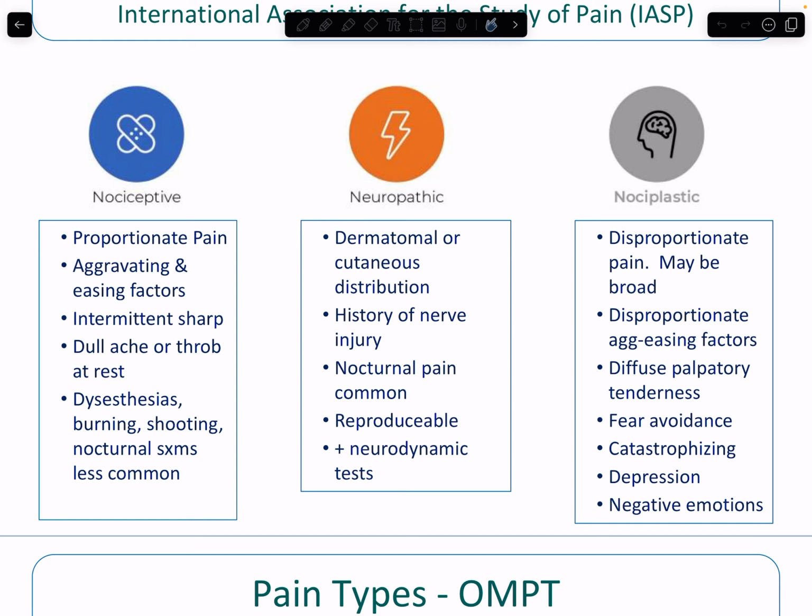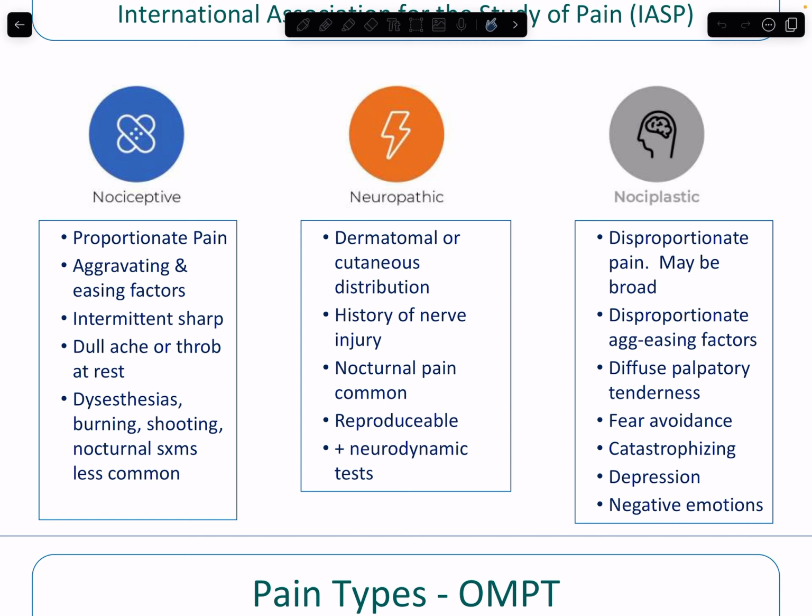It's just less common. Whereas neuropathics, they usually are following a dermatomal or cutaneous distribution if it's a peripheral nerve injury. They have a history that supports a nerve injury. They may have nocturnal pain. In fact, most of the time they do. And then their symptoms are reproducible with many things. And they have positive neurodynamic tests. This is in the literature.